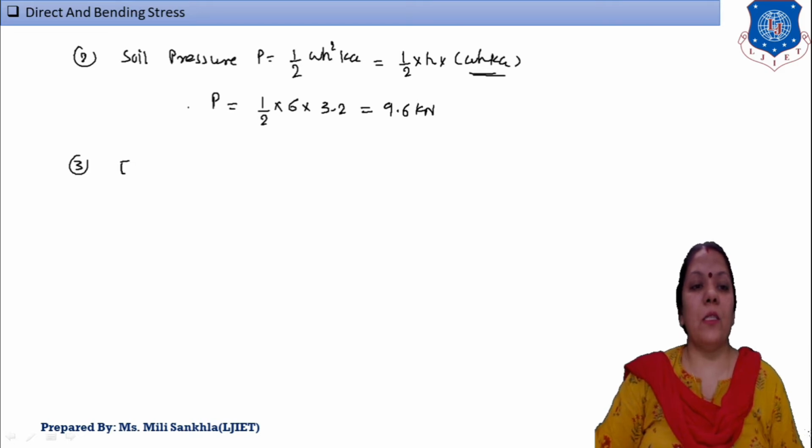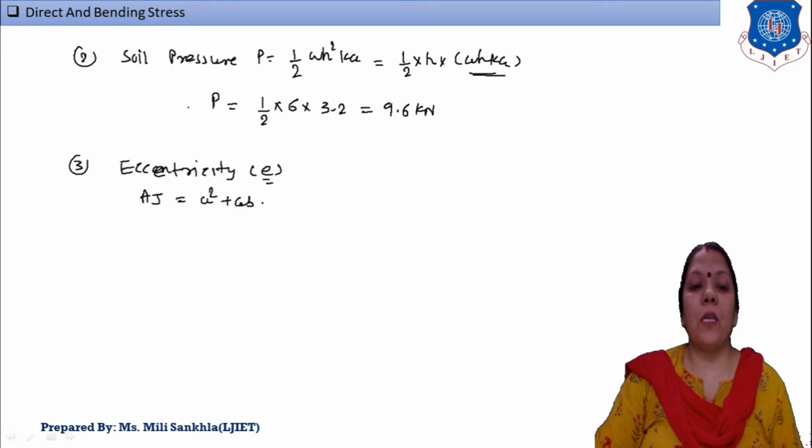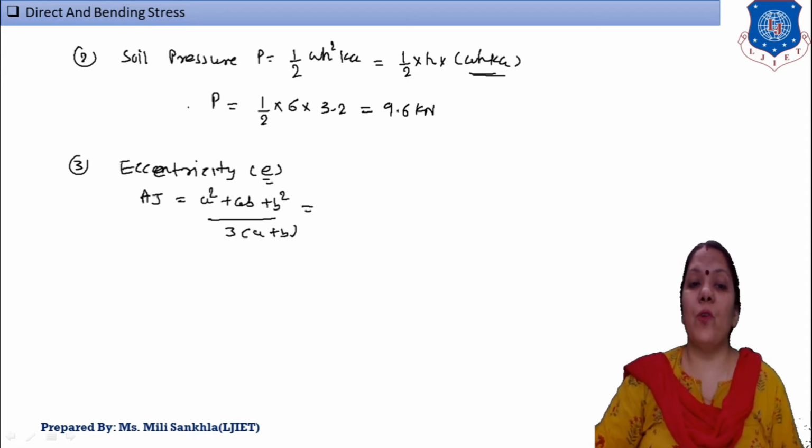Now we find out the third value, which is our eccentricity E. First we find out AJ. AJ is equal to (A square plus AB plus B square) divided by 3 into (A plus B). Now put the values one by one.